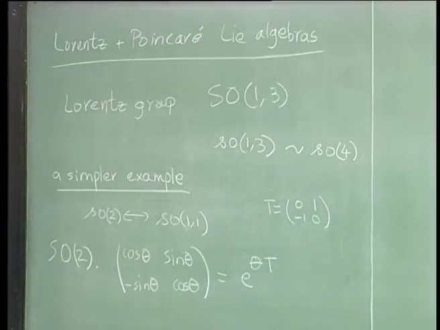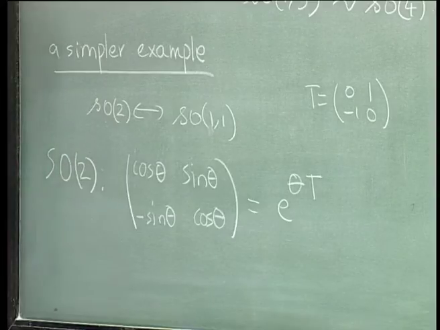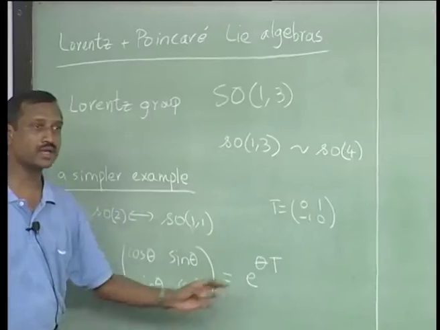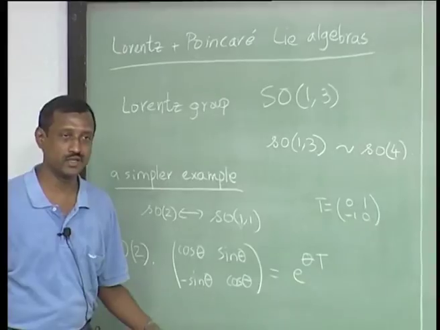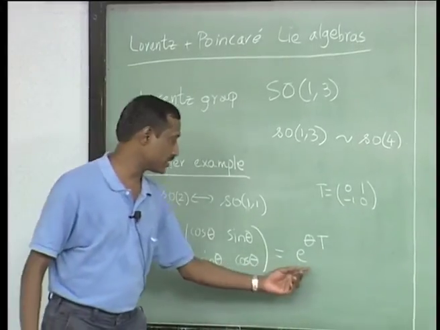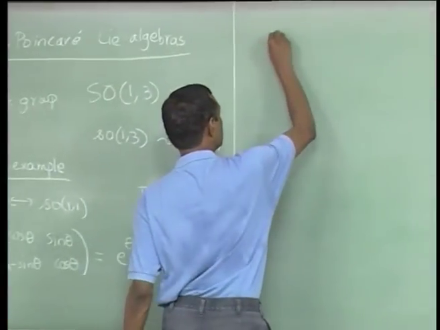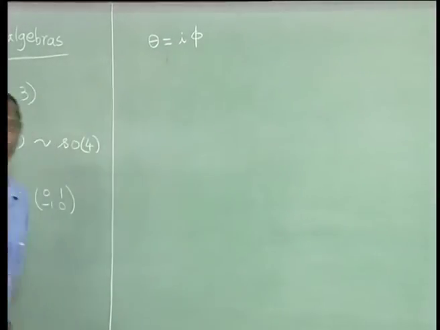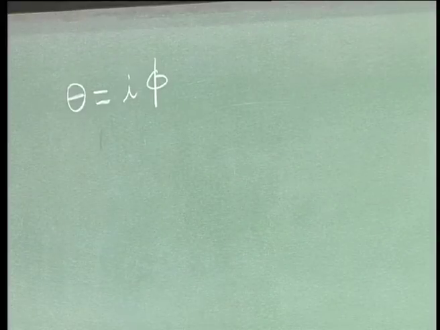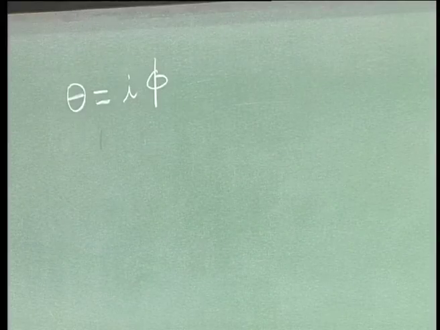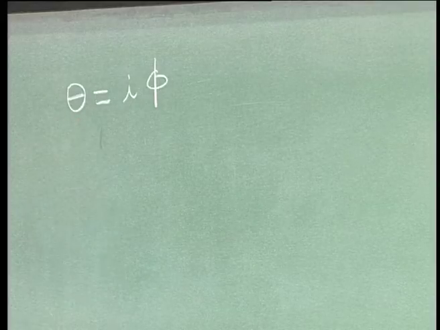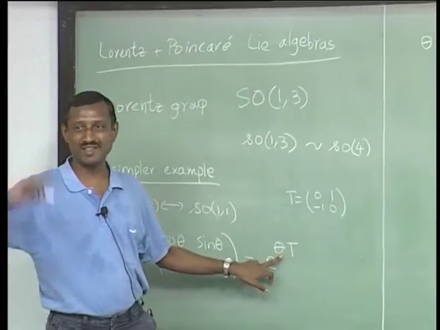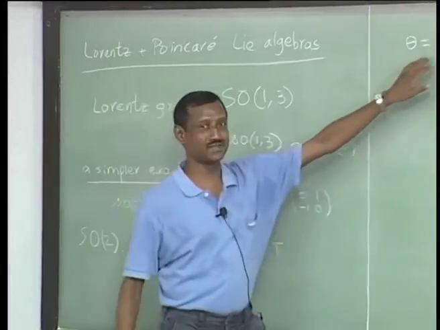Now the point I am going to make is that we can recover the boost matrix by making theta pure imaginary. So we take theta and write it equal to i times some phi. Theta here was real, I am complexifying it and then choosing something else.